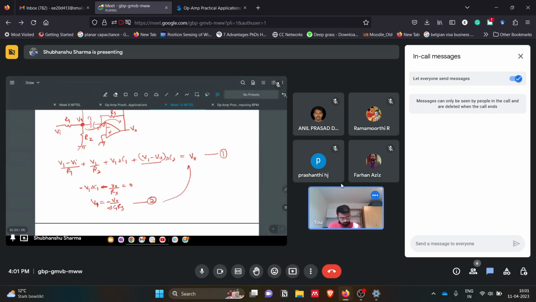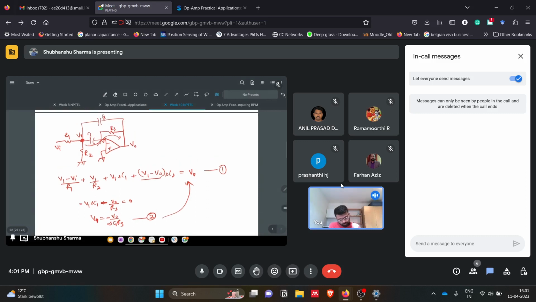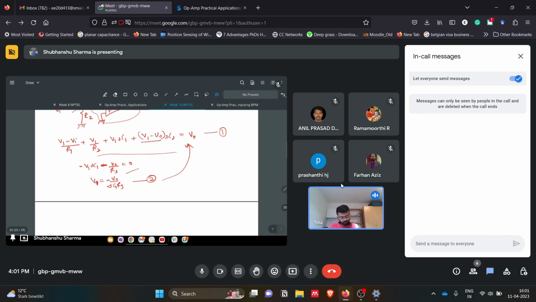If we substitute this V1 value in this one, what I did first, I used a nodal equation at this point, then I got something like this. Then I also utilized that this is basically an inverting amplifier, so I utilized that equation and got this second equation.